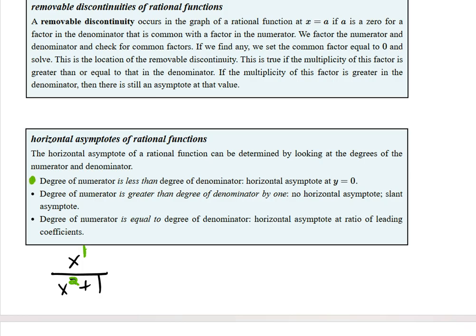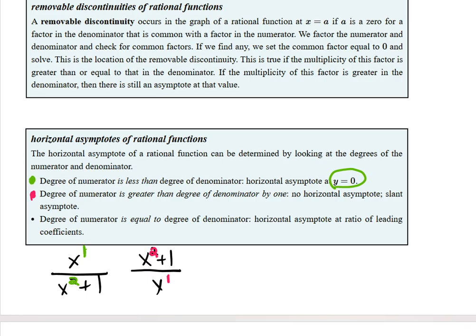So y equals 0 is your horizontal asymptote. On the next one, if the degree of the numerator is greater than the degree of the denominator, in this case the numerator is degree 2 and the denominator is degree 1, it's greater by 1, so there's no horizontal asymptote.